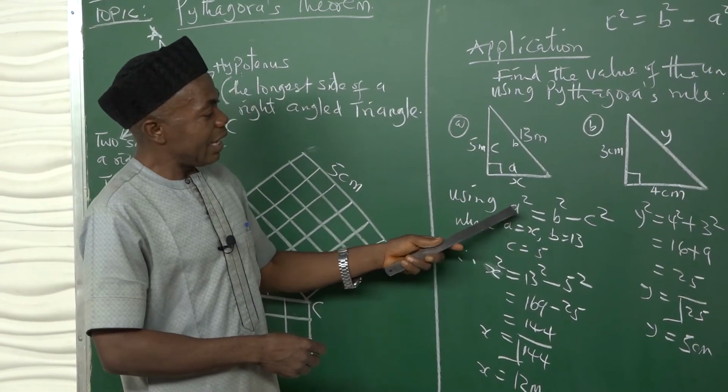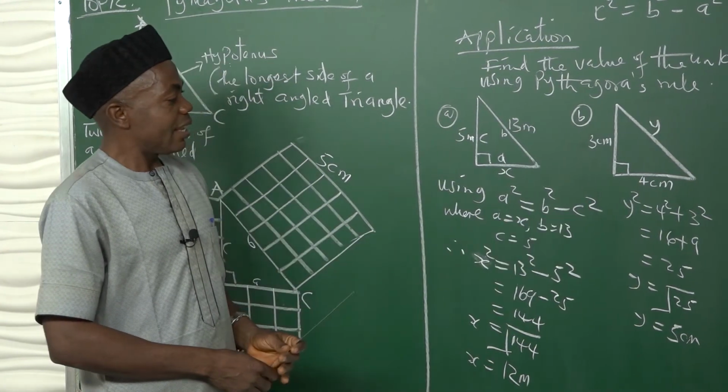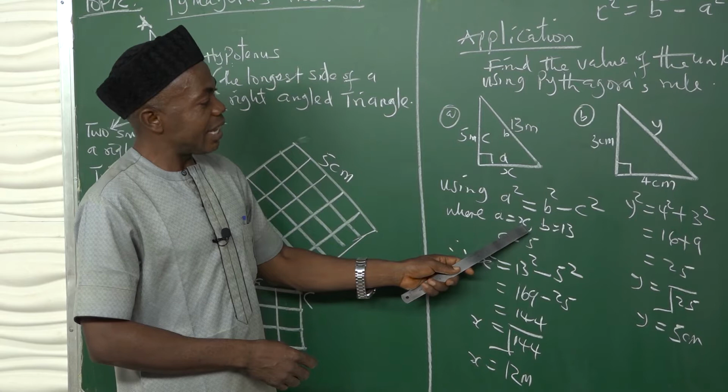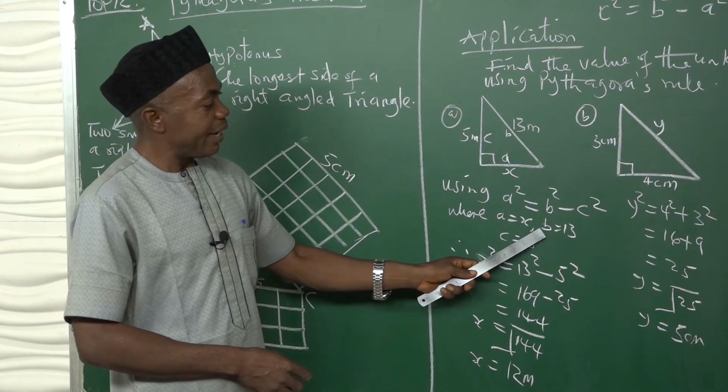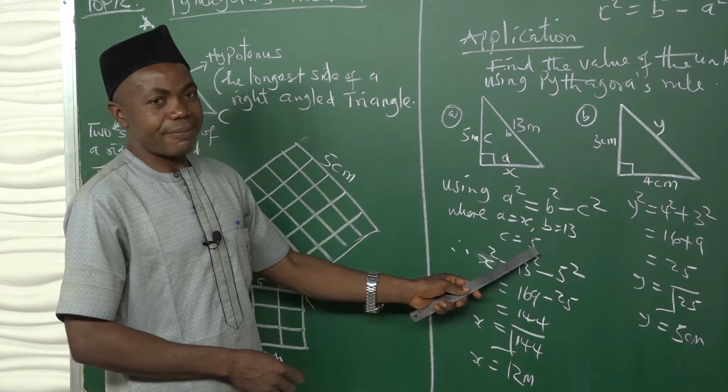Say using A squared equals B squared minus C squared, where A is given as X, B is given as 13, and C is given as 5.